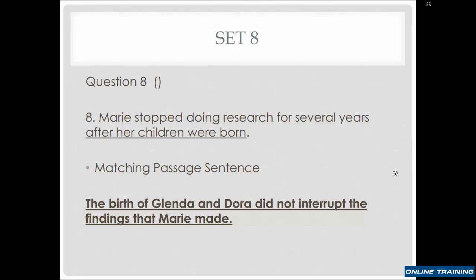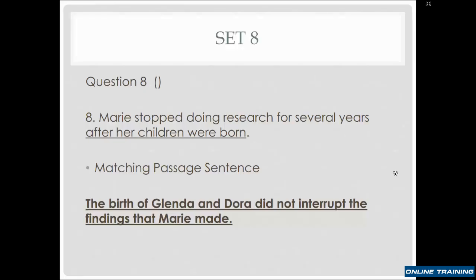All right, that's how you have to know what you're scanning for when you're looking for it. So when we look at these two things, do we see Marie? Yep. Do we see children being born? Yes. Birth of Glenda and Dora. So what we're really focusing on here is, did she stop doing research?